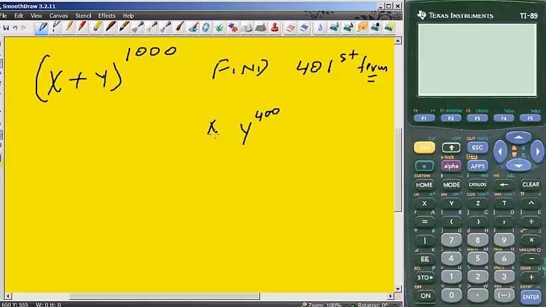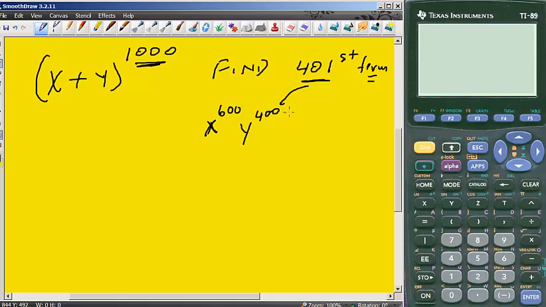Then that will tell you exactly what x has to be. x has to be what now? Which is? 600 plus 400 is? Yeah, the 401st term.